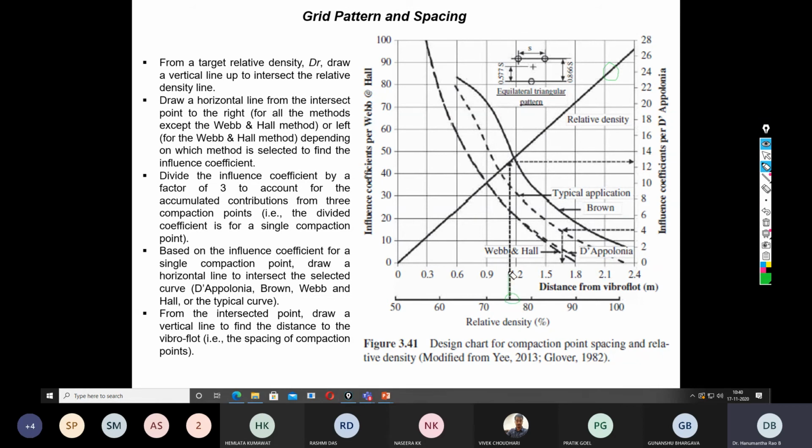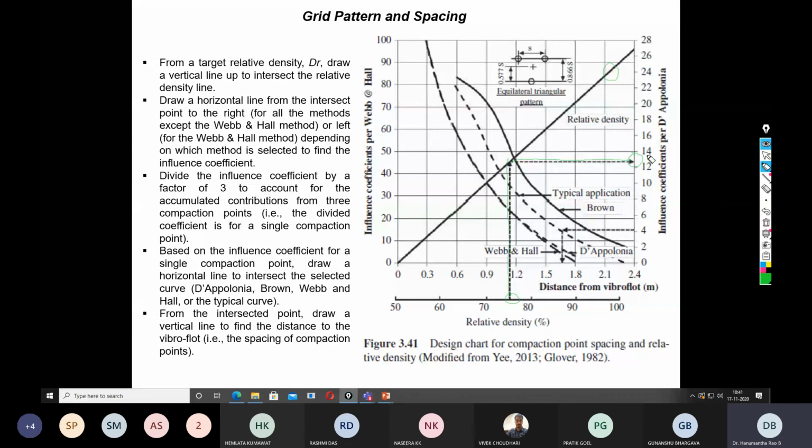Now draw a vertical line onto the diagonal line, wherever it touches. From there, draw a horizontal line onto the ordinate. This will give you an influence coefficient. Here in this case it is 13.